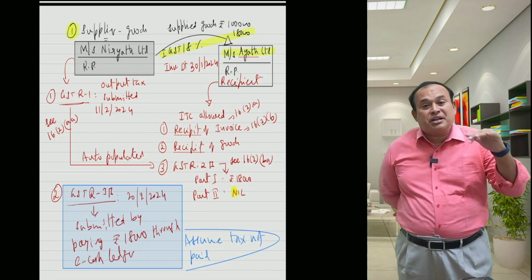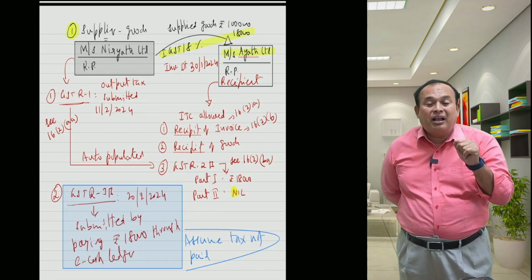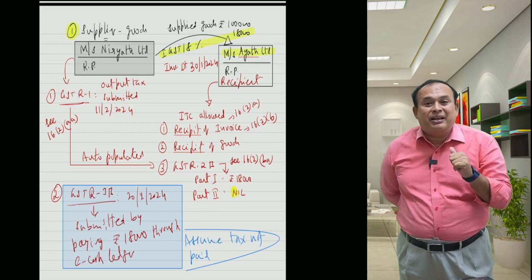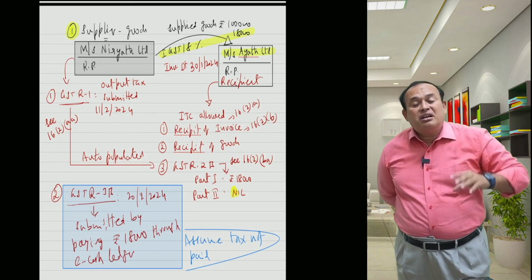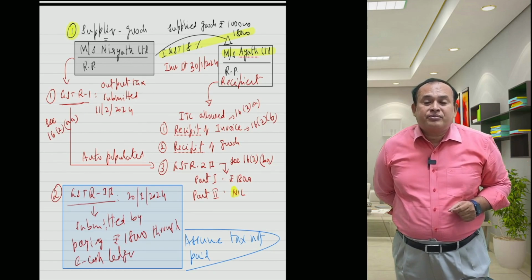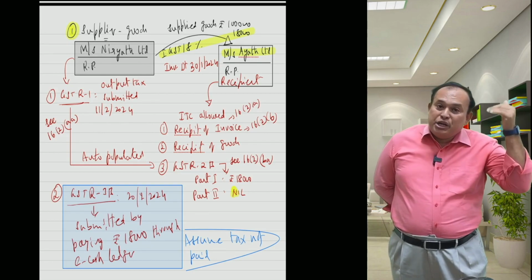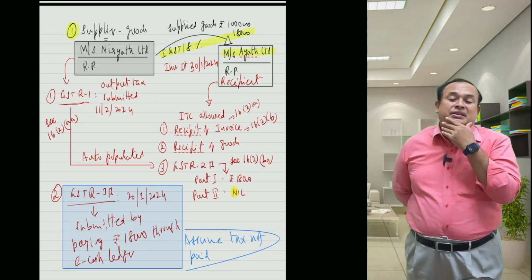The GST was collected from the customers and they are supposed to pay it to the department before the due dates. For the past 6 months, they have not paid. Why not paid? Because they are running a financial crunch.